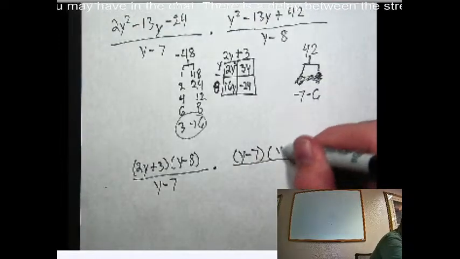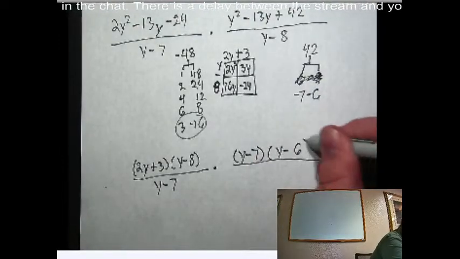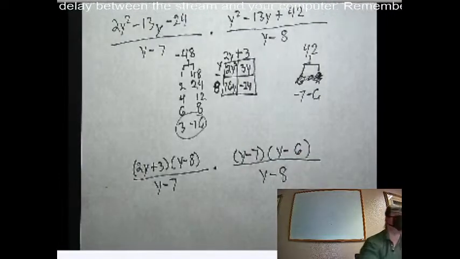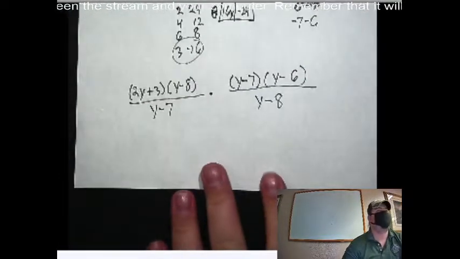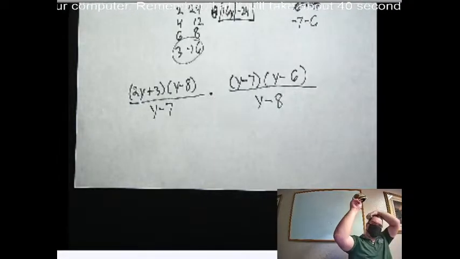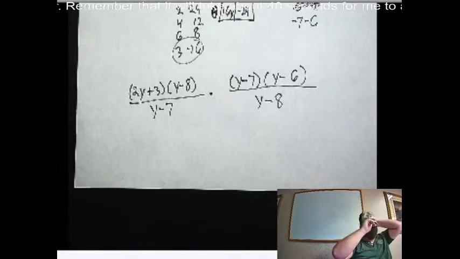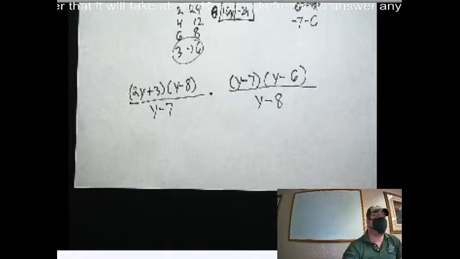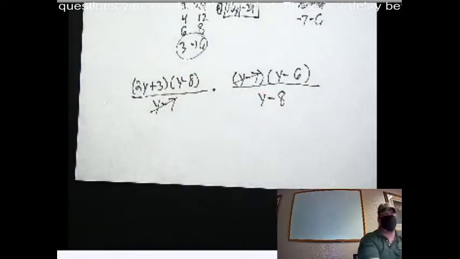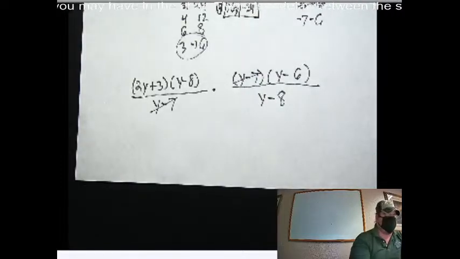And good. And it's still over y minus 8. Okay. So, do we now see any factors that we could cancel out? Something common between top and bottom. Y minus 7. Does not matter that they're on opposite fractions, just like we saw in the beginning.